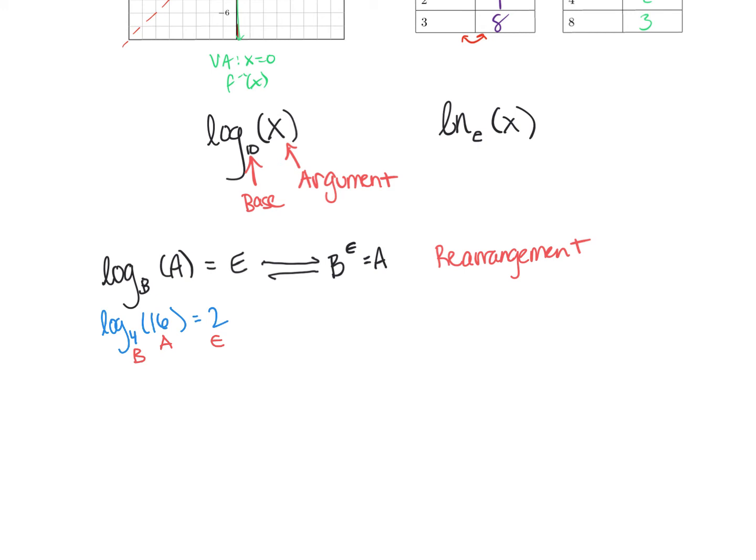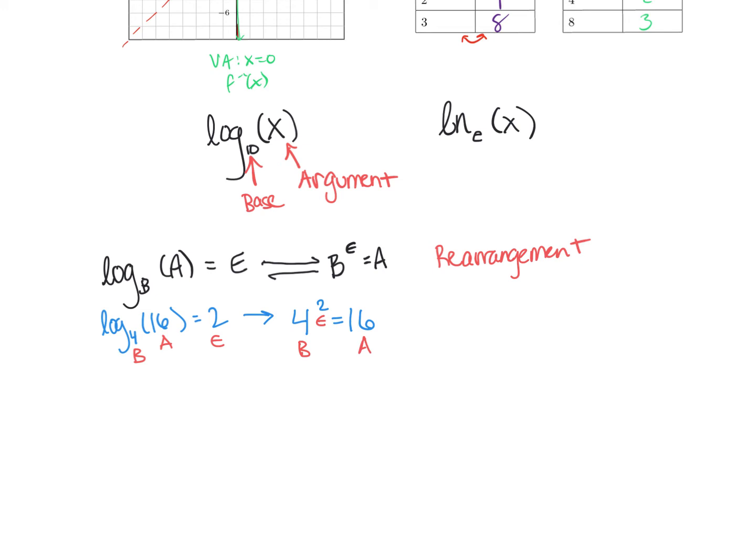So we could turn this into 4 to the power of 2 is equal to 16, or my base, my exponent, and my answer. So that's going from the logarithmic form to the exponential form.